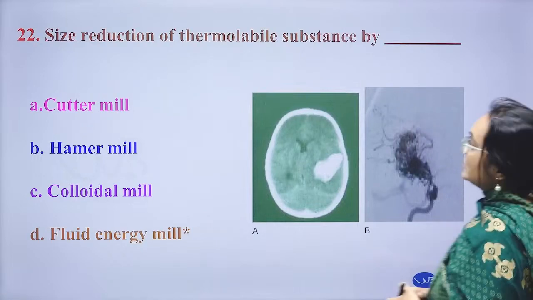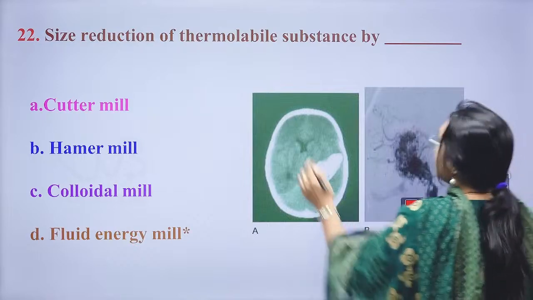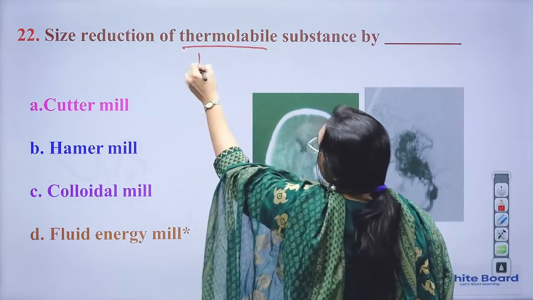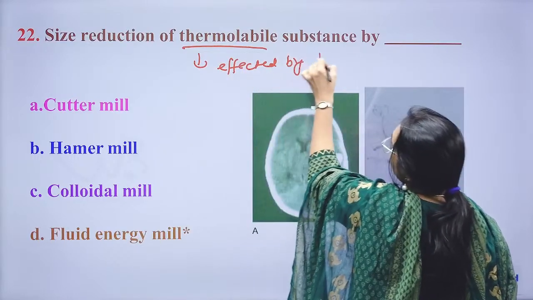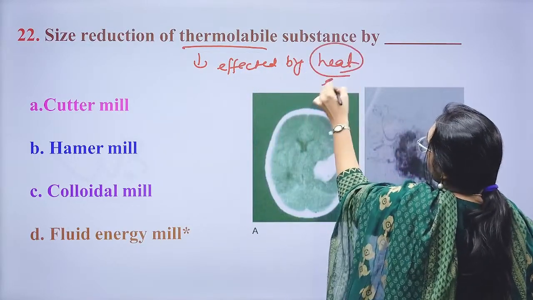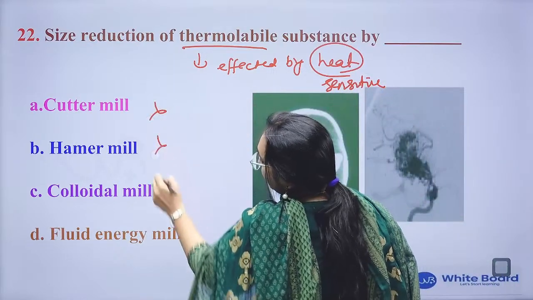Next, size reduction of the thermolabile substance is done by. So, thermolabile substances means what? Substances which are affected by heat, which are sensitive to heat. So, in this case we will not use cutter mill, hammer mill, or colloidal mill.